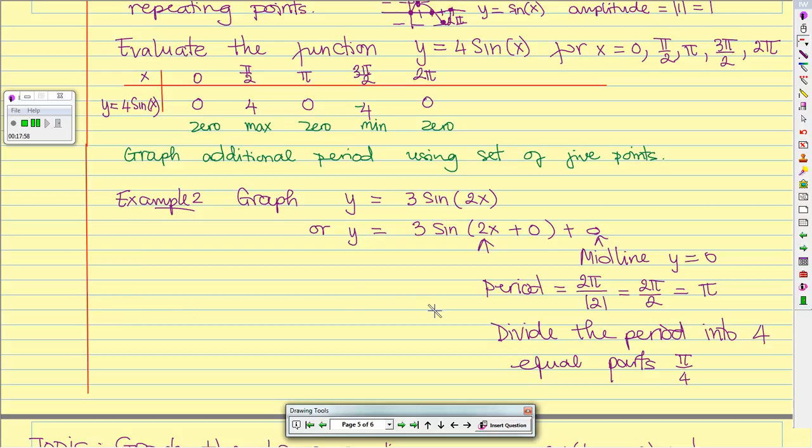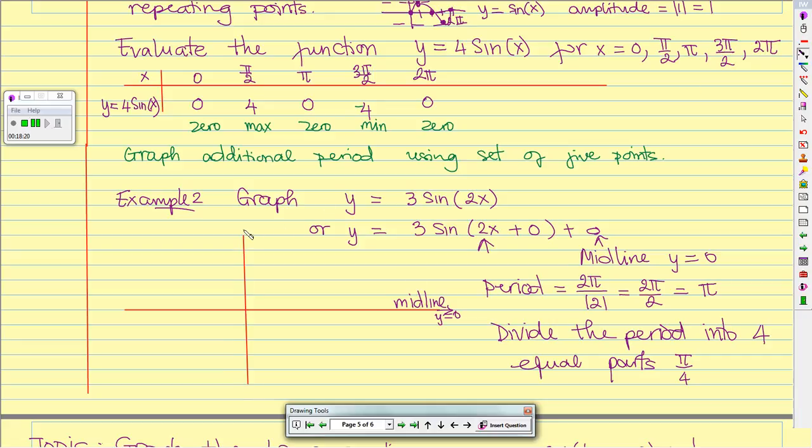So each one of the tick marks on the graph, and then I start with the graph now. So this will be our midline. So label, this will be the midline. So this will be the line y equals 0.